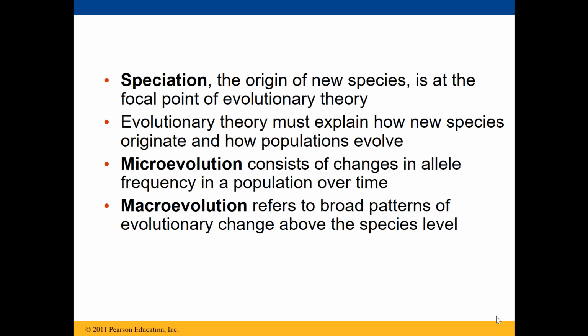And so the question, and what chapter 24 is all about, is how does this happen? This, in many ways, is the focal point of evolutionary theory: the formation of new species. Do any of you remember what Charles Darwin's book is called? On the Origin of Species.